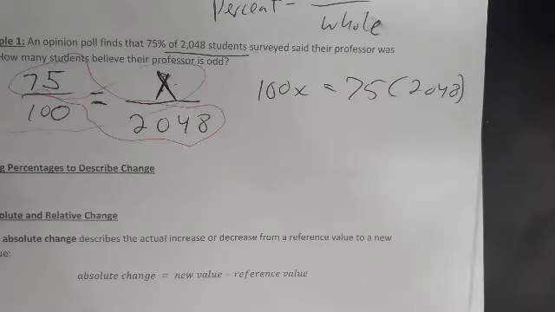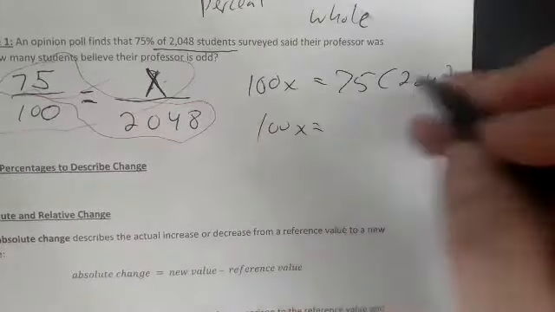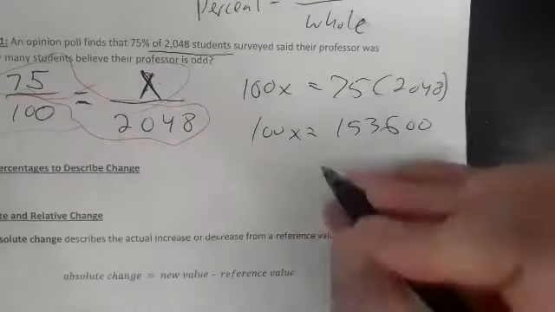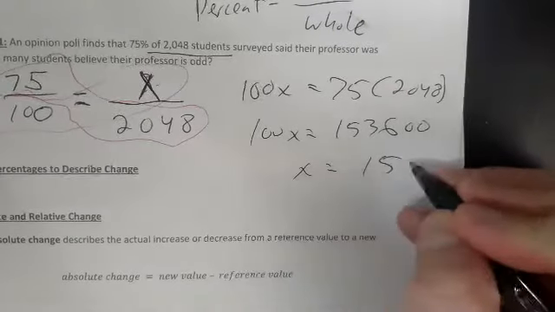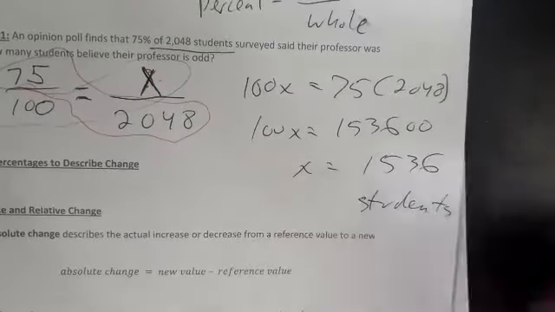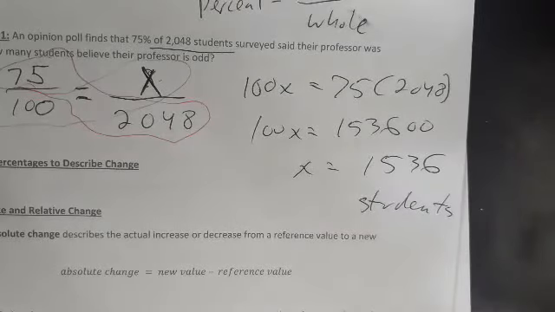Let's look at the 75 times 2048. And we have to divide. And I'm talking about students here. So this is certainly one way you can do it.